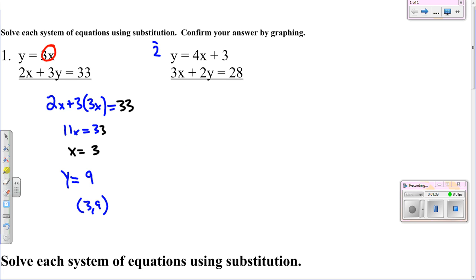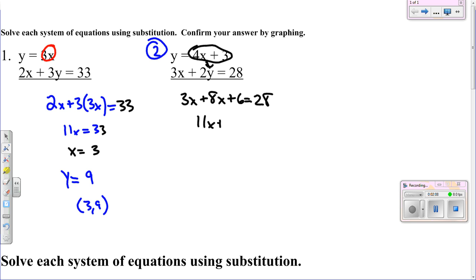Second question was number 2. So for number 2, you're going to plug the 4x plus 3 in for y. So it gives you 3x plus, and then you distribute the 2. So 8x plus 6. So I'm already distributing that across this. 2 times 4, 2 times 3 equals 28.